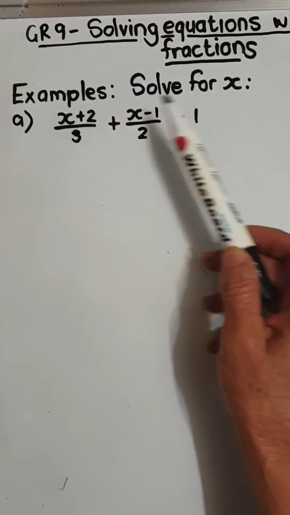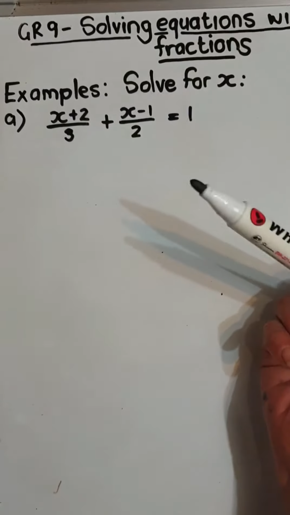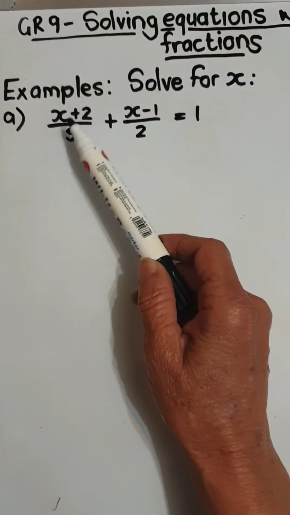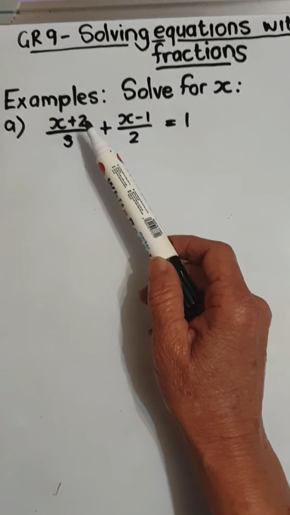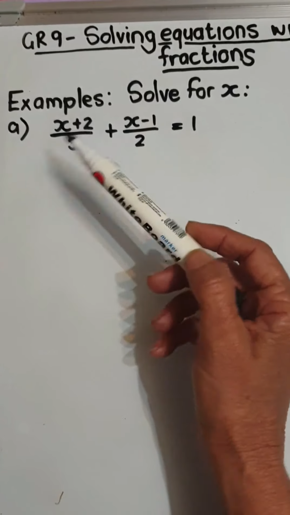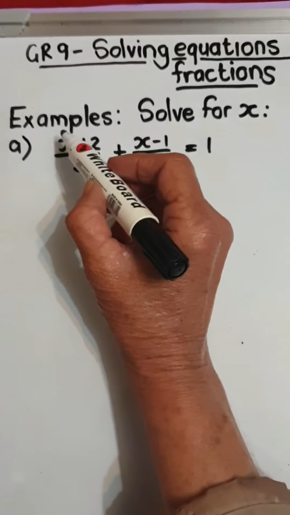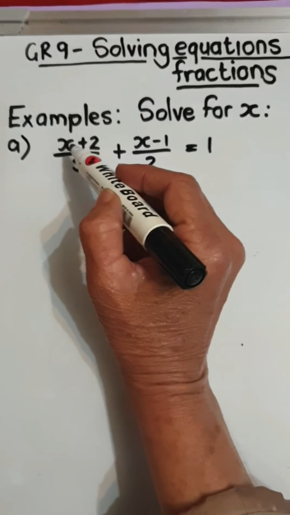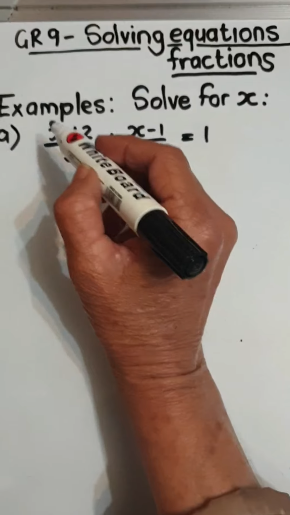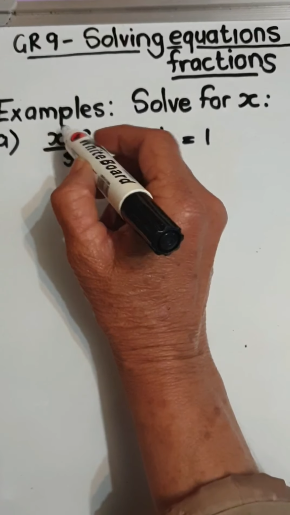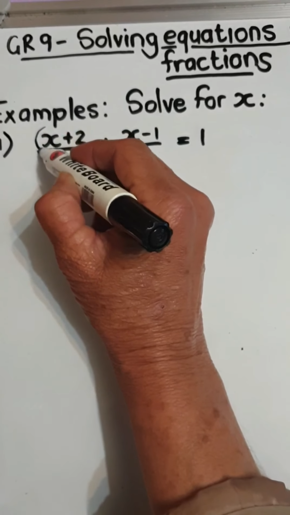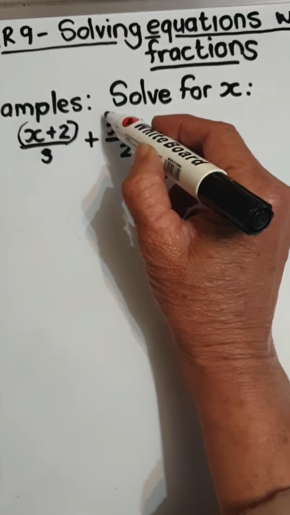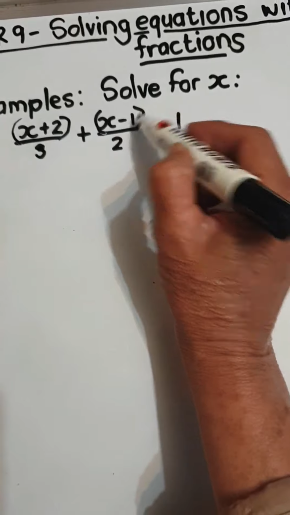So the first thing I need you to do always is to remember that the numerator forms a single term, so that you don't make mistakes with signs or when you multiply with the LCD. The first thing you always do when we solve equations with fractions, put the numerator in a bracket, because that's one number and this numerator is another number.